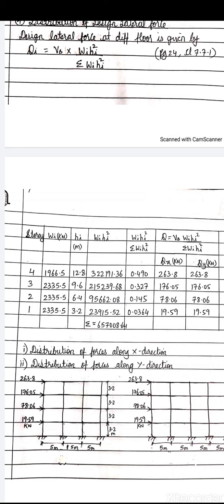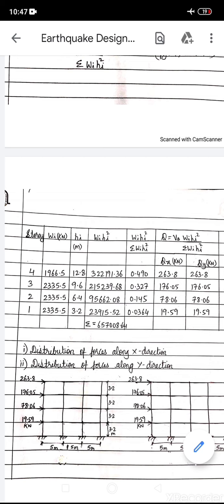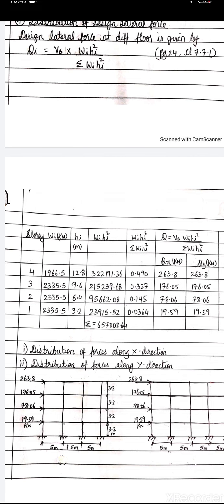Similarly you will find it for the third story. For the third story the height is 9.6 from the base. For the second story W is again 2335.5 and the height from the base is 6.4, and for the first floor the height is 3.2 and the load is the same, that is 2335.5.